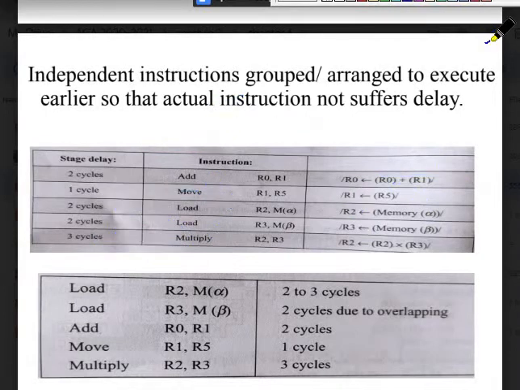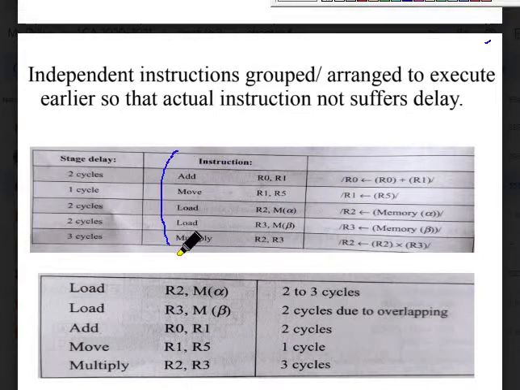One example we have, please concentrate here. This is the original program. Add R0 and R1 and store the result in R0. Move the value in R5 to R1.